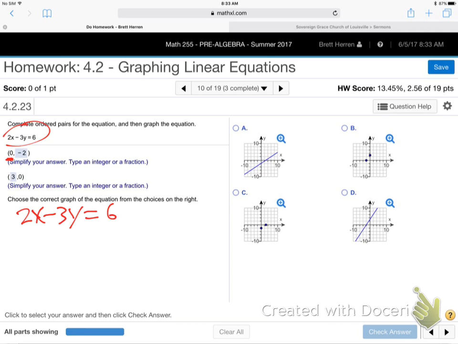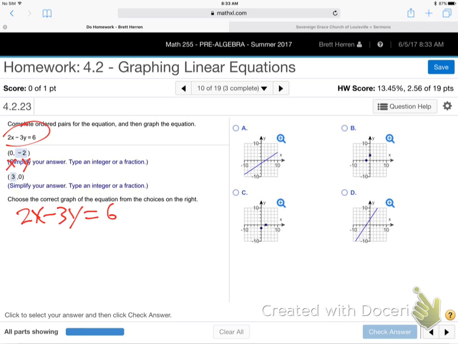And they're giving me x. Remember, it's x first, then y. They're giving me x is 0, find y.